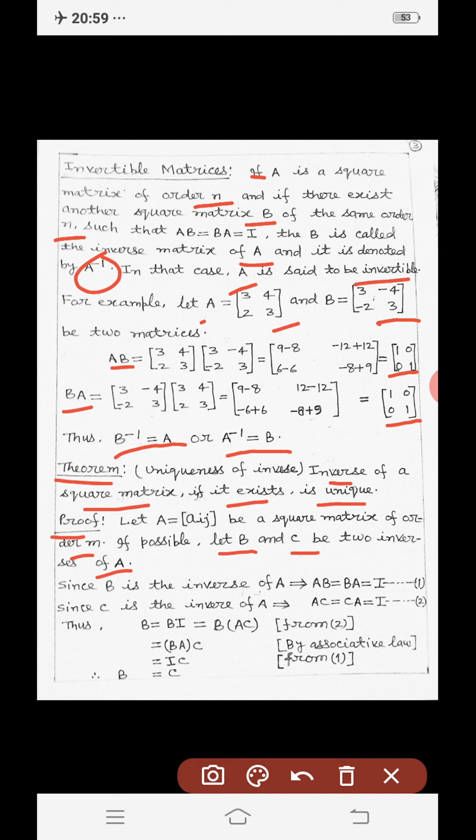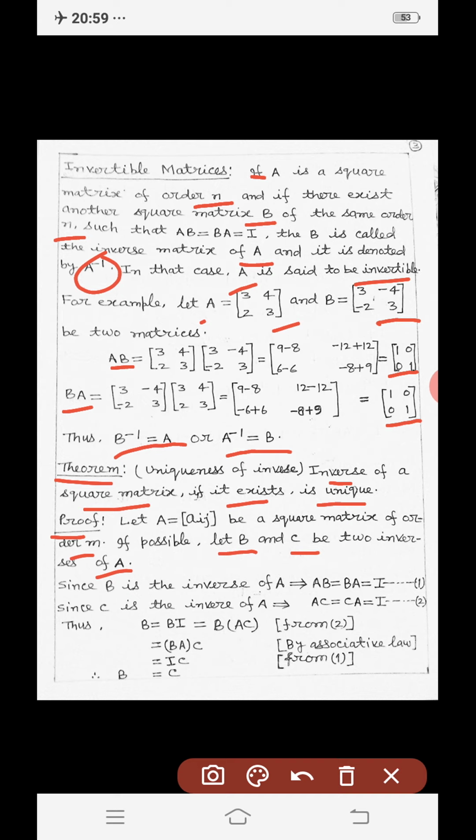Dear students, here we shall now show that B is equal to C. That is uniqueness. Here we suppose two inverses of A and we have to show that this is unique.